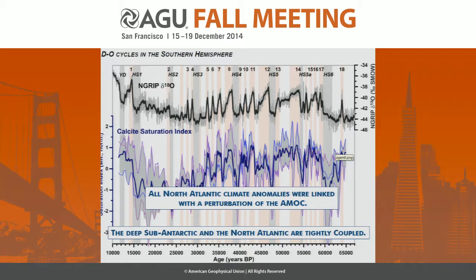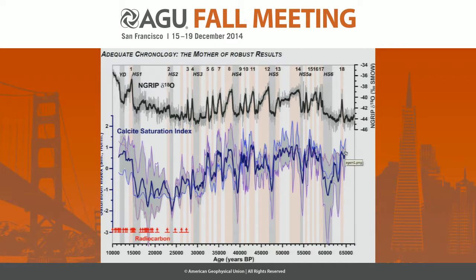And we are quite confident about the timing of these changes, about the quasi-synchrony of these observations, because the core is actually really well dated. So we made a very, very long-lasting effort to do that right. The upper core section is dated by about 60 radiocarbon measurements, all corrected for varying reservoir ages.